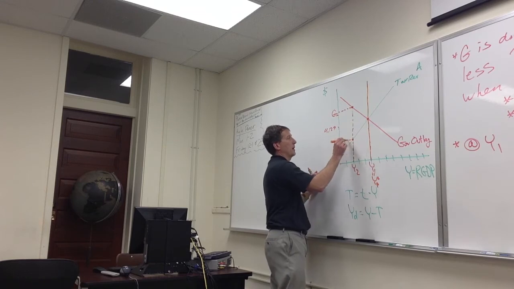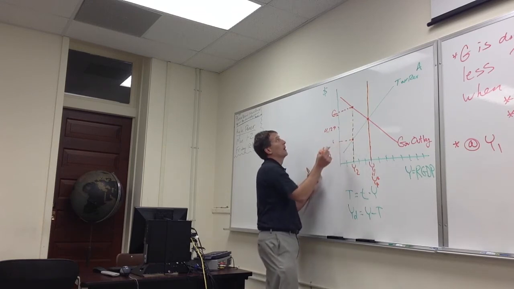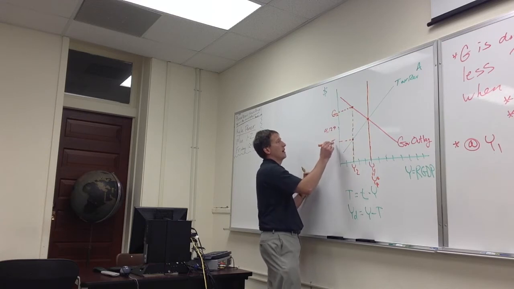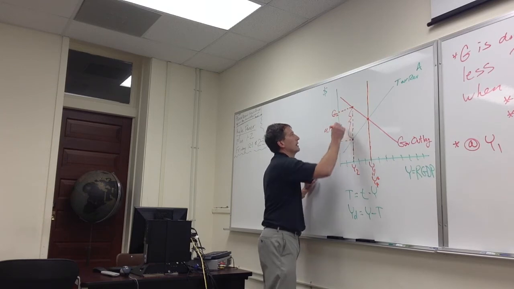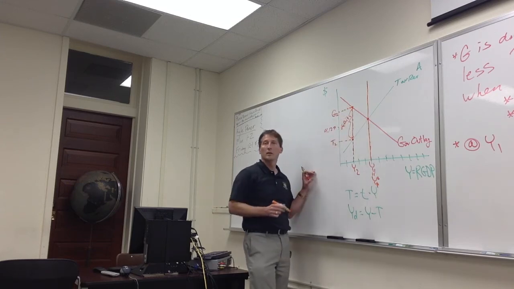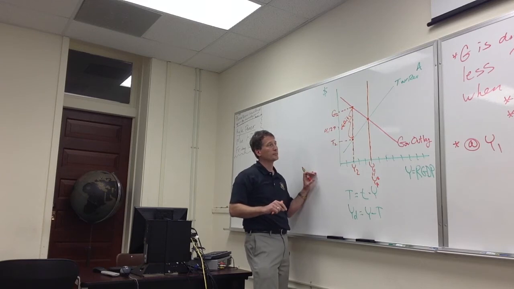The level of tax revenues, of course, income's down, so taxes are down. So taxes are less than what's being spent, and we have a deficit equal to this vertical distance here, G minus T, or T minus G ends up being a negative number.